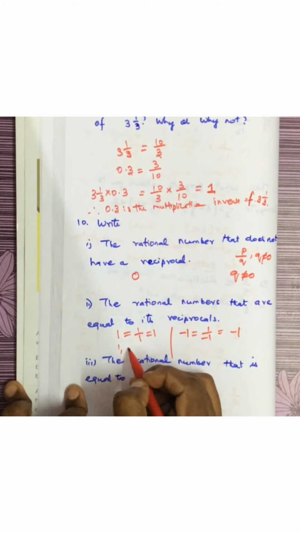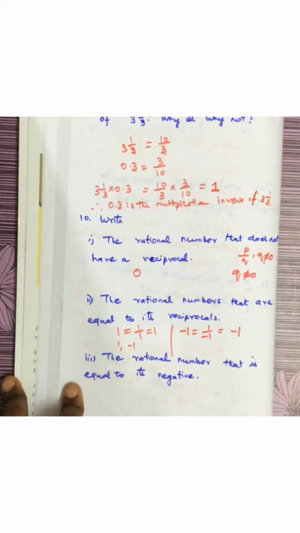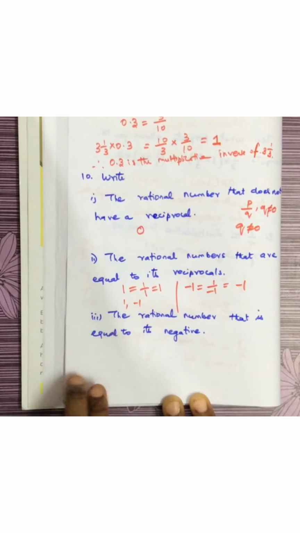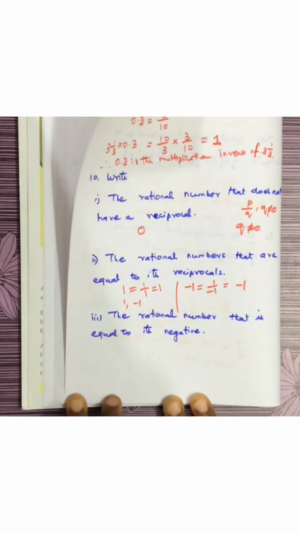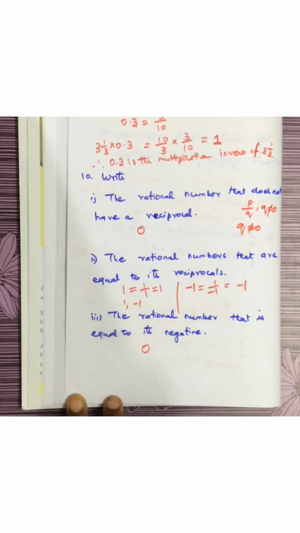So the answer is 1 and minus 1. These are the numbers that are equal to their reciprocals. So next is the rational number that is equal to its negative. The answer is 0, because there is nothing like positive 0 or negative 0, so they both represent the same. So the rational number that is equal to its negative is 0.